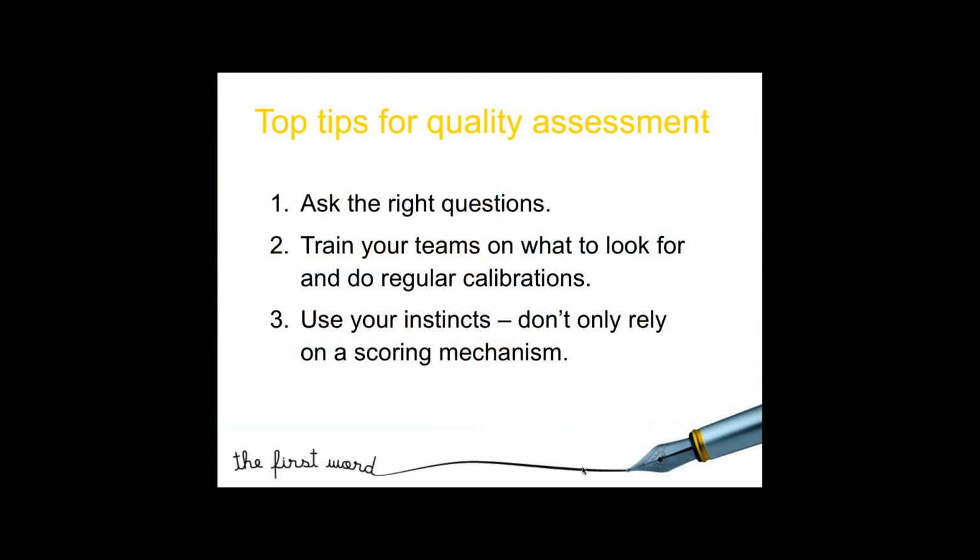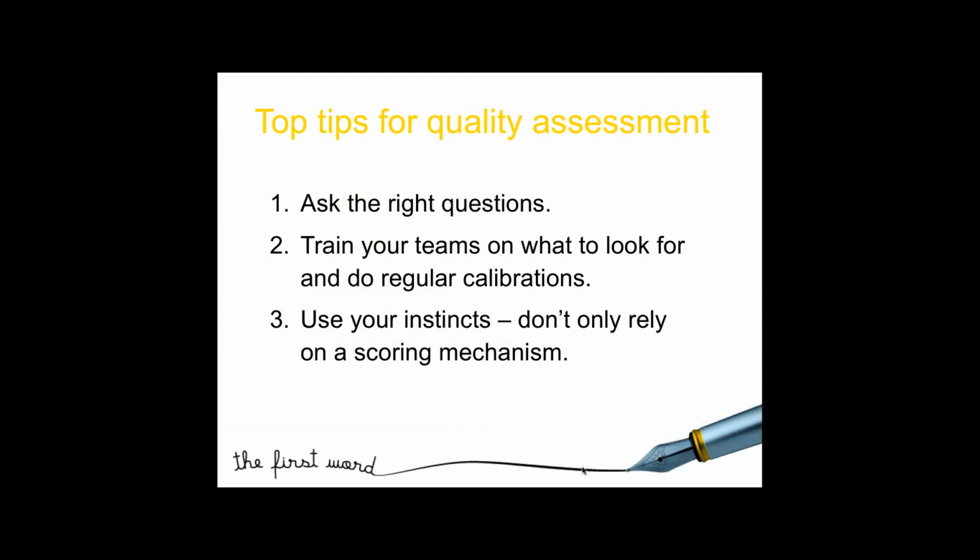And the other thing is do regular calibrations, because this is subjective at the end of the day. We're applying our opinions, even though we've got criteria. We're interpreting that, we're putting ourselves into it. So do regular calibrations to make sure that your whole team is looking at your live chats and emails in the same way.